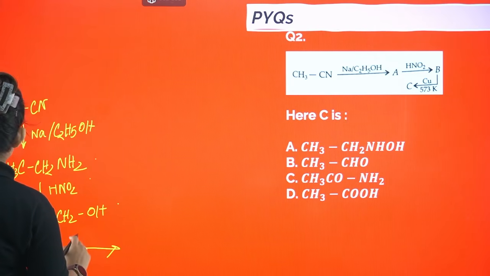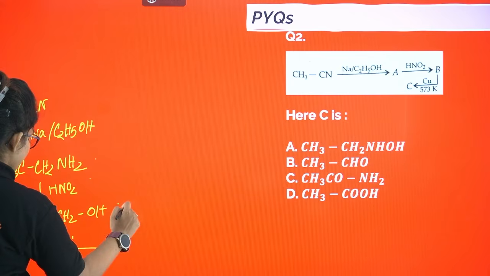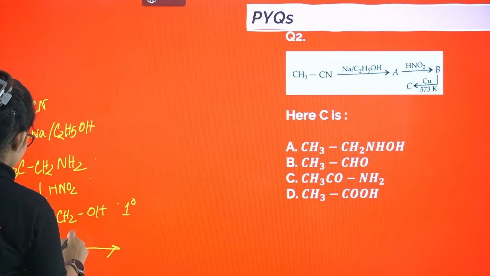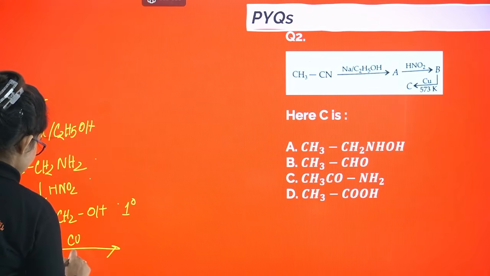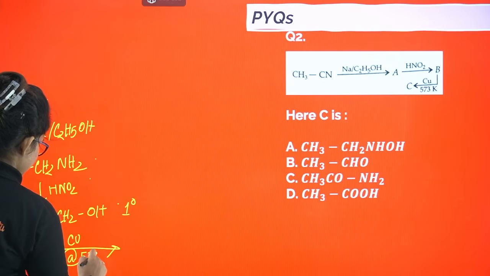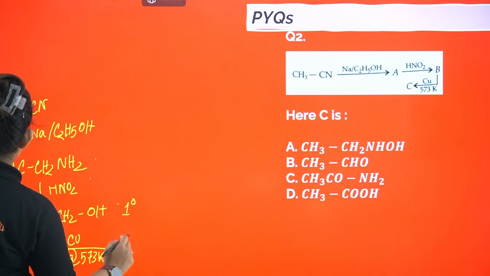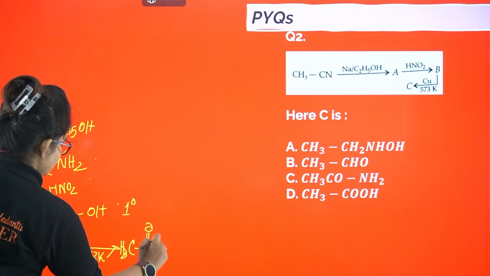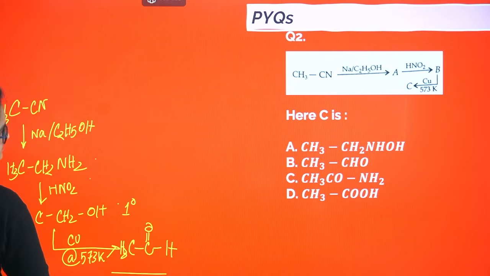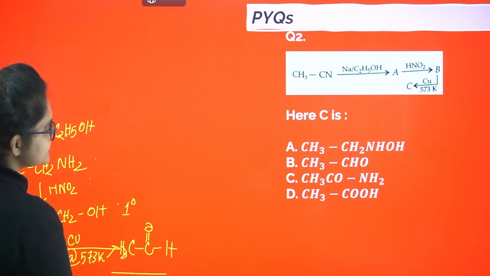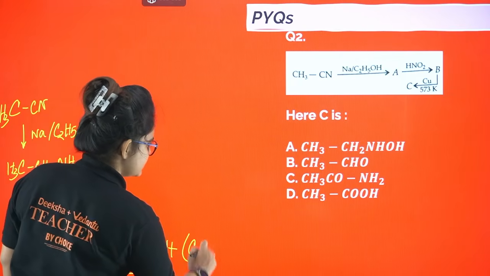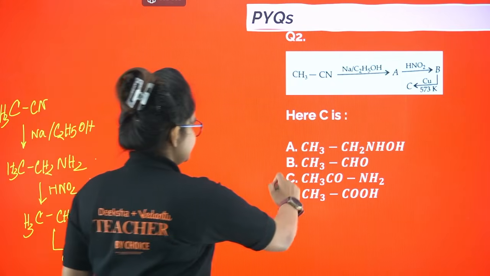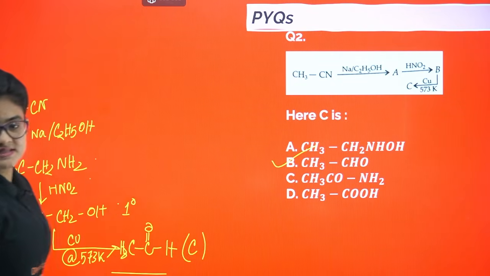So I am giving copper, this is a 1 degree alcohol. If you give copper at 573 Kelvin, then this will be converted to aldehyde, CH3CHO. That's it. So what they are asking? This is your C. So option B is going to be the correct answer. I guess it's clear to you.